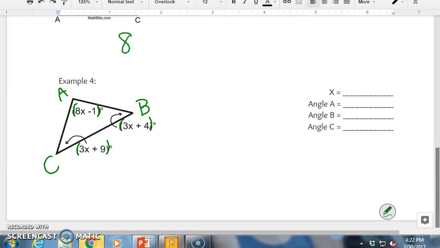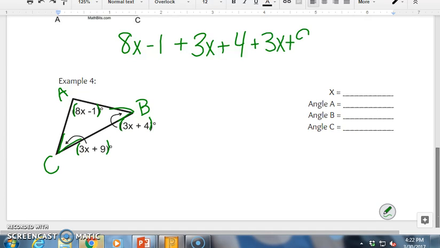Okay. So the first one is 8x minus 1, and we have to add that to the next one, 3x plus 4, and then we have to add that with the third one, 3x plus 9. And those three interior angles will always equal 180 degrees. So we're going to solve.